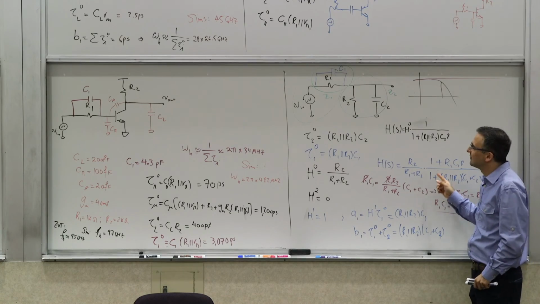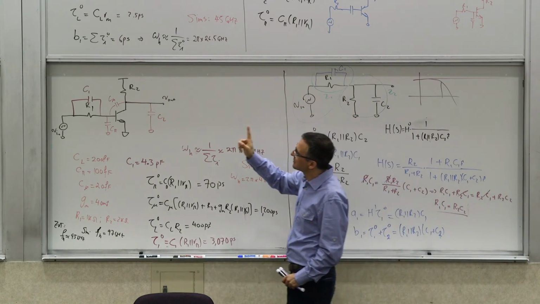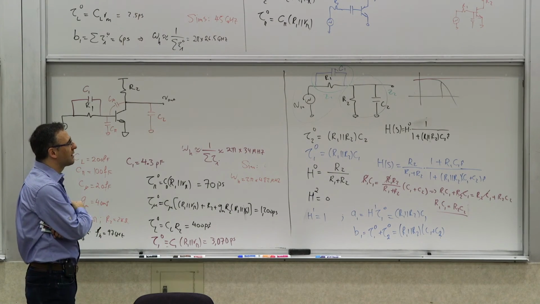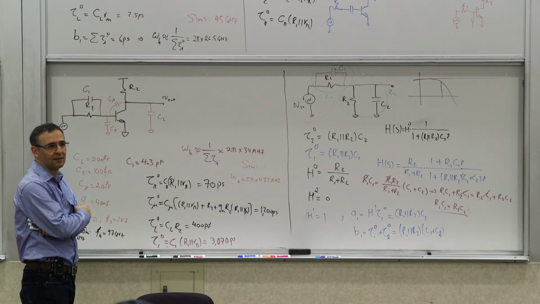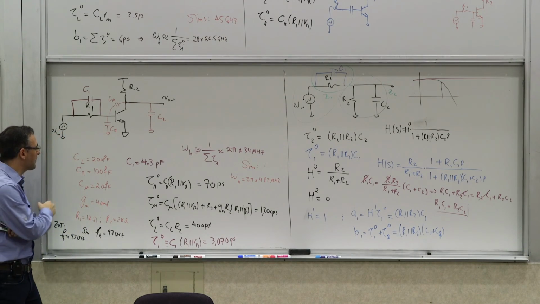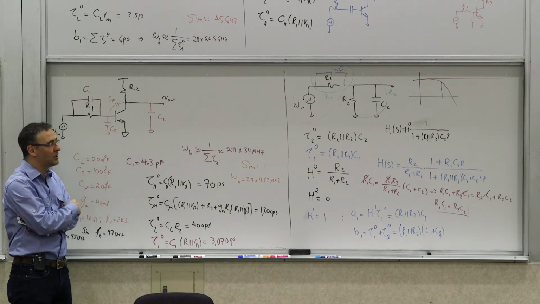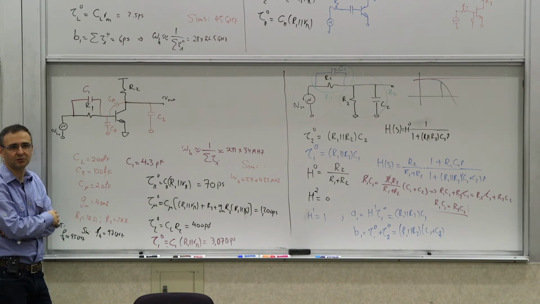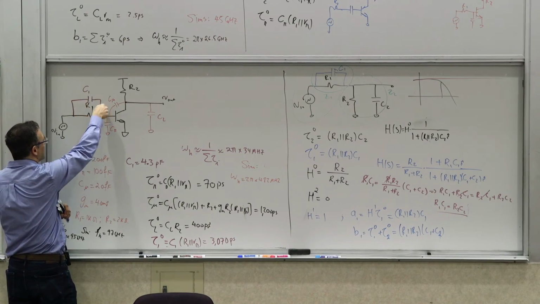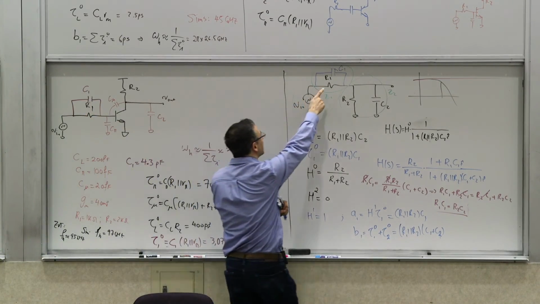So let's go back to this circuit and see what we did. How did we pick this value? How did I pick this 4.3 picofarads? Do you see a similarity between these two? So this part is just this part, right?